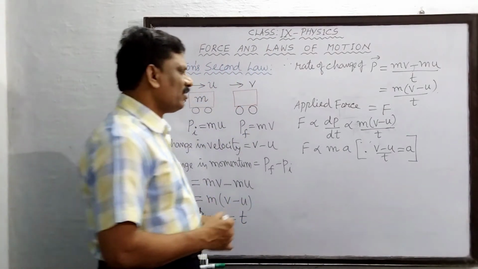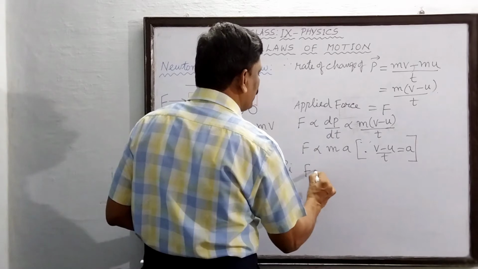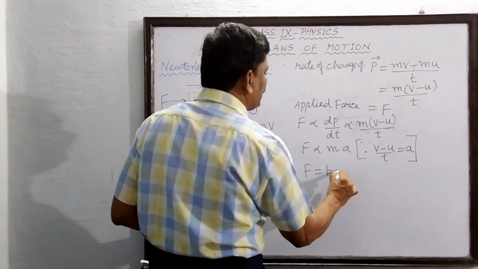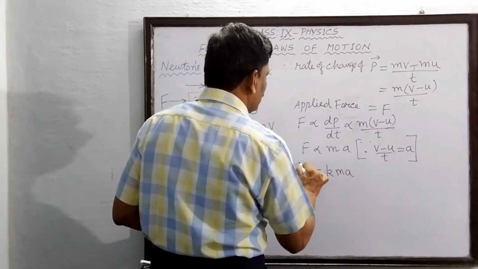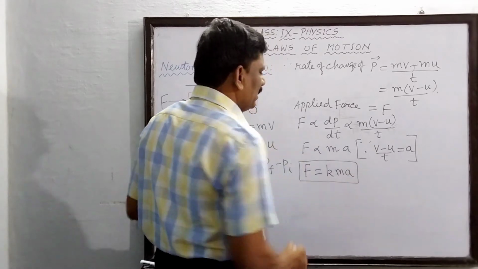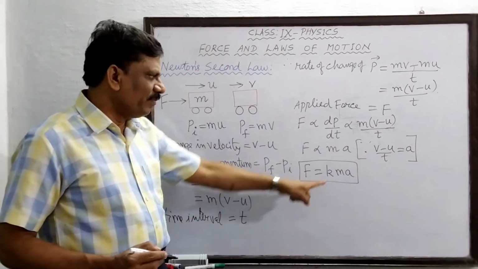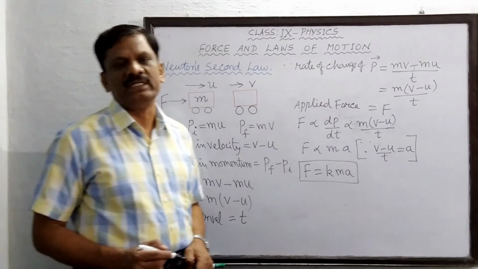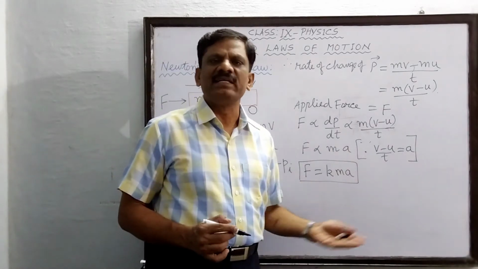Understand? Therefore, my dear students, F must be equal to some constant k times m into a. So this is the mathematical format of Newton's second law of motion, where k is the constant of proportionality.